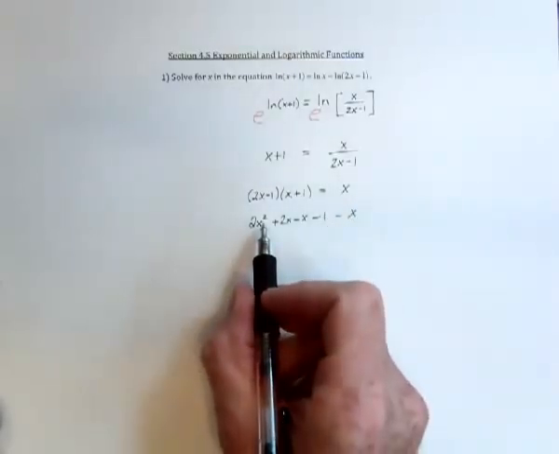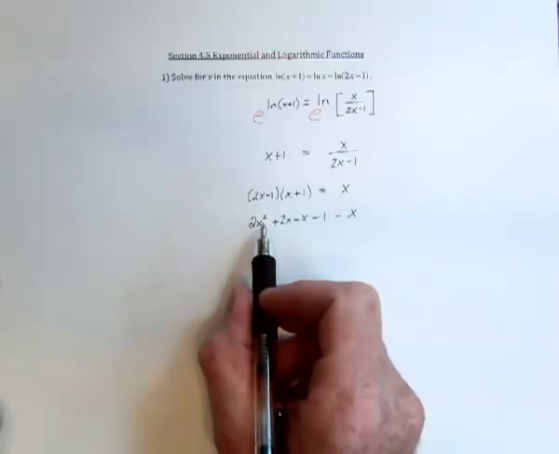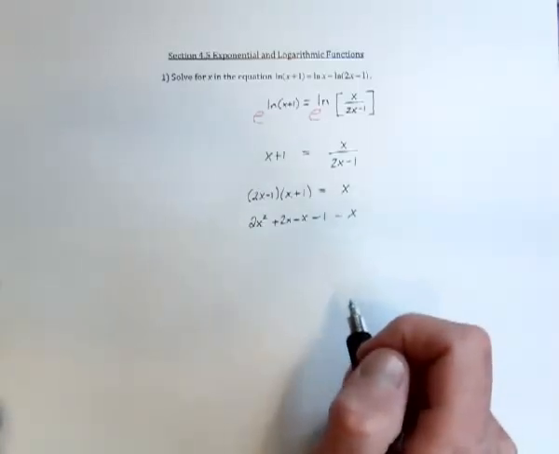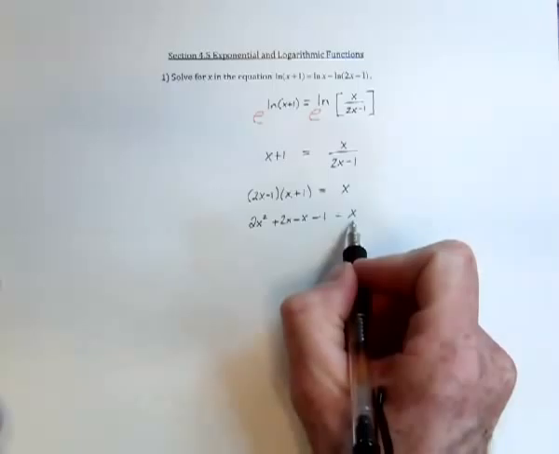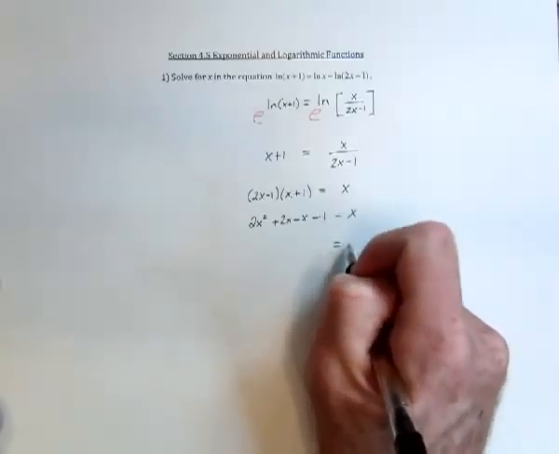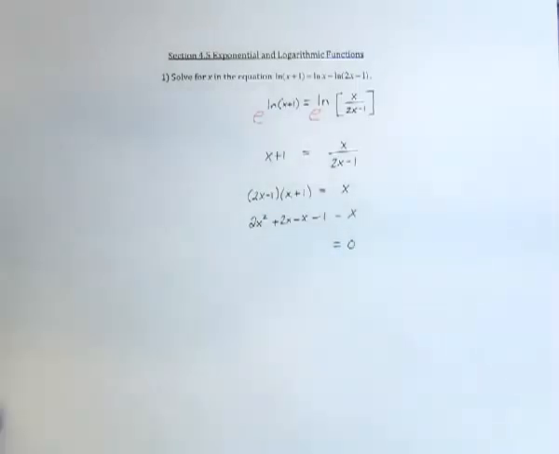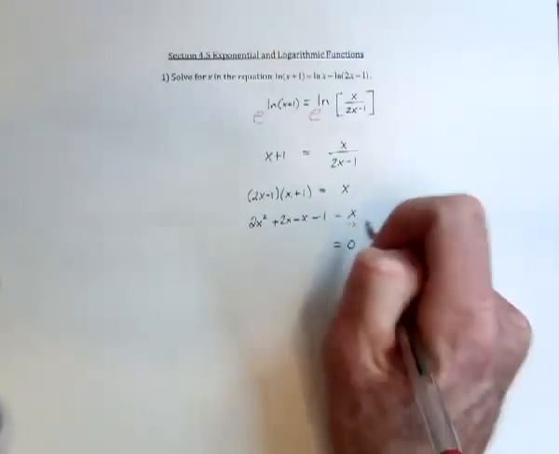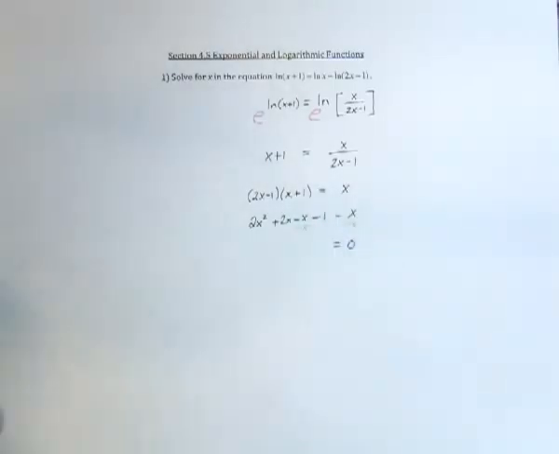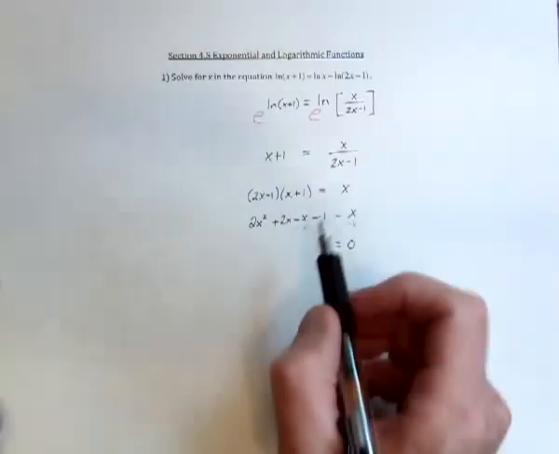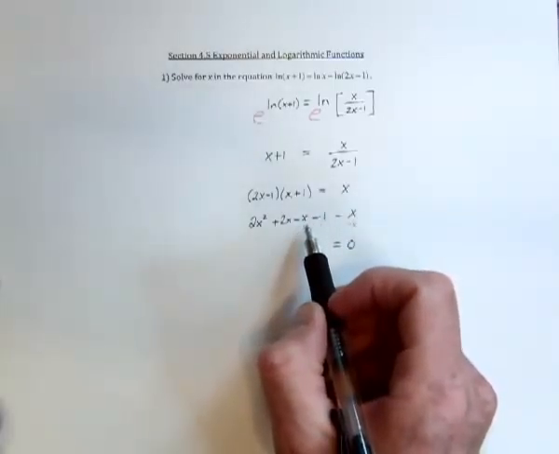Since this is quadratic, we'll probably end up using the quadratic formula, so everything needs to move to one side. So subtract x and set the right-hand side equal to 0. So let's see, if we subtract x from both sides, then in here we would end up with negative 2x.